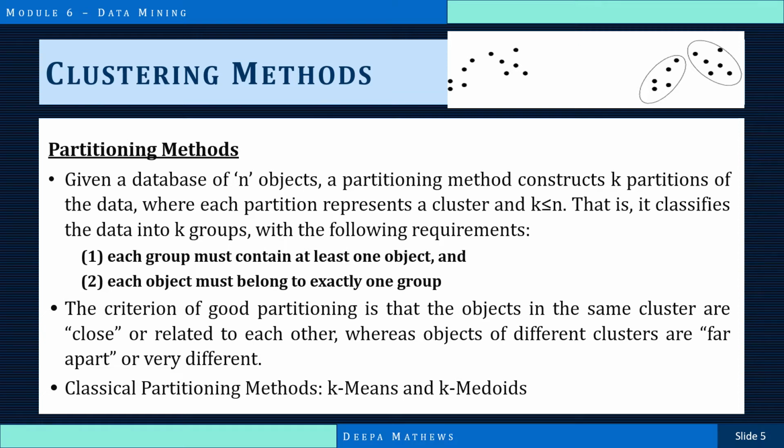That is, the objects in the same cluster are close to each other, whereas objects in different clusters are very different. There are many algorithms that come under this partitioning method, and among these the most common are k-means and k-medoids.